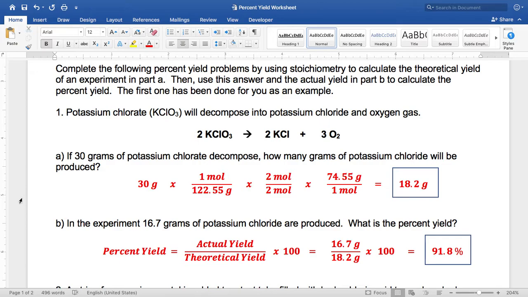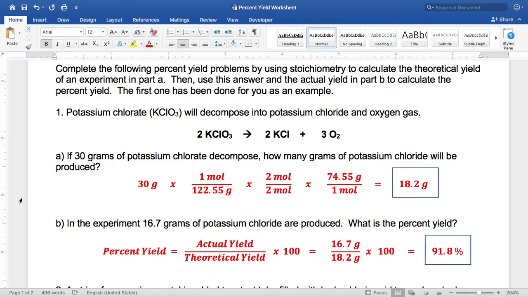This is stoichiometry using your mole map to go from grams on the left, so mass of A, to grams on the right, mass of B. It's the same stoichiometry problems that you've done last week. Now, we always start with our given.